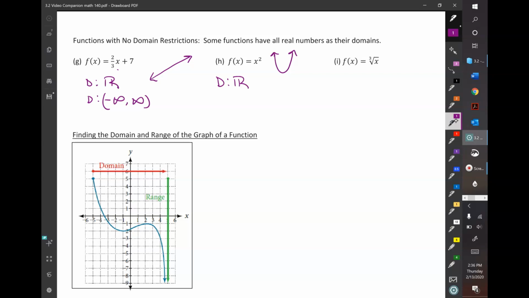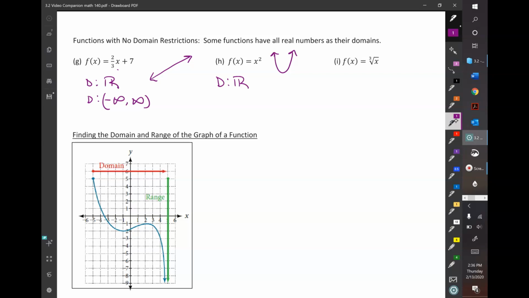For letter I, f of x equals the cube root of x, and that one is fine because I have an odd index, and so I don't need to worry about that situation with the even index and having the radicand be positive.